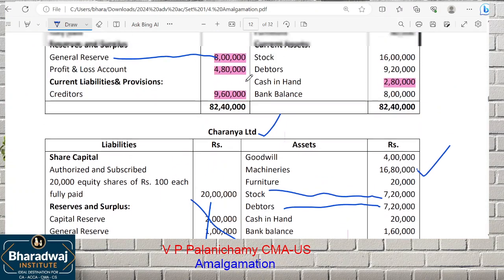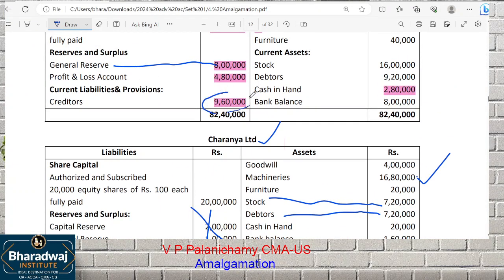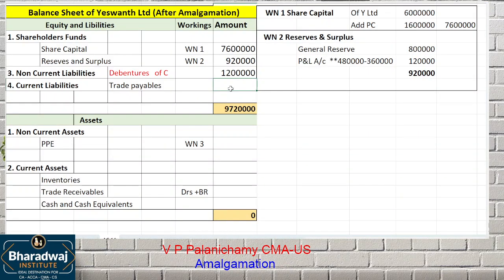Look at how many creditors there are. Purchasing company 9,60,000 plus look at the journal entry, 9,60,000 plus 3,80,000. Selling company's reserves will not come.